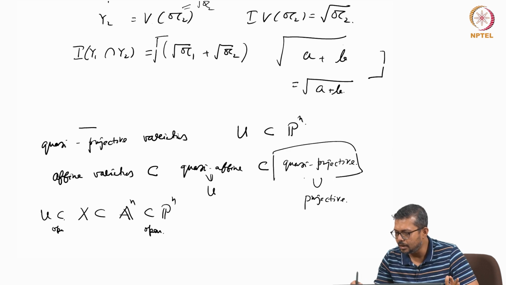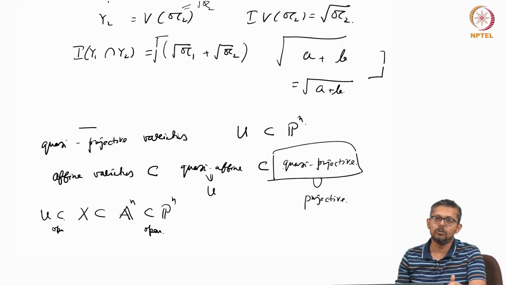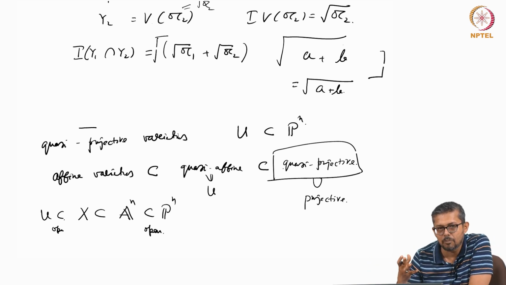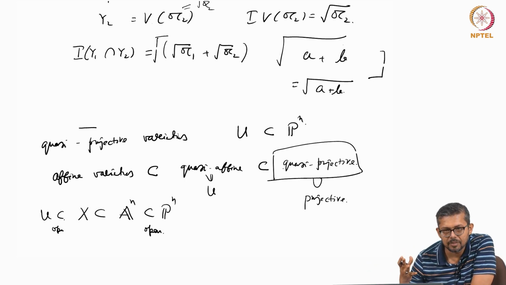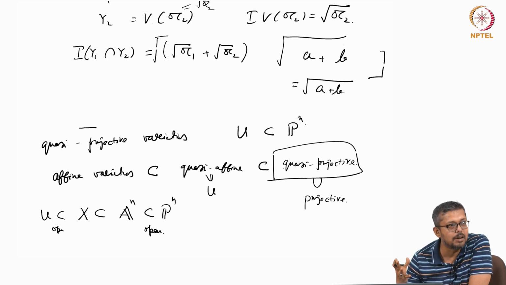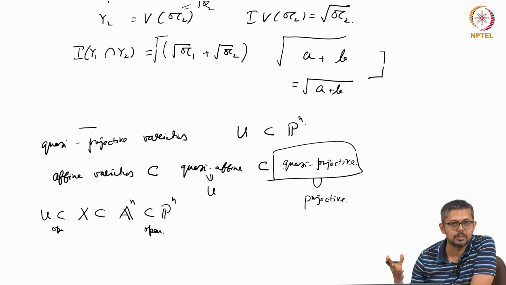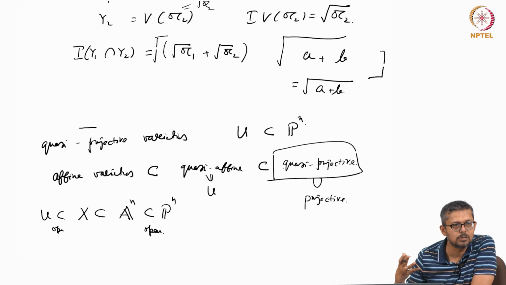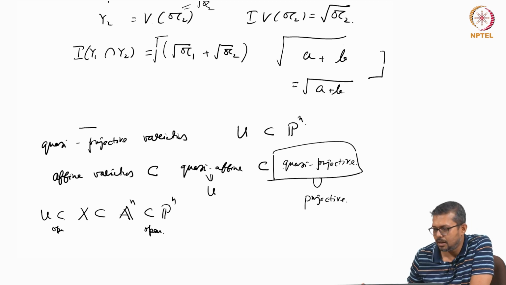So now quasi-projective varieties are kind of most general objects which can be defined in terms of polynomials, right? Affine varieties, they are also defined by zero set of polynomials. Projective variety is also defined by zero set of homogeneous polynomials, and quasi-projectives are open subsets there.